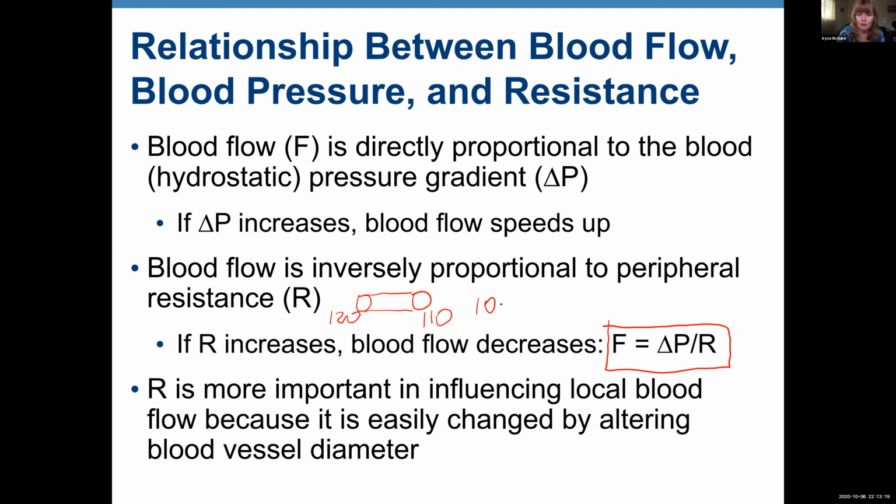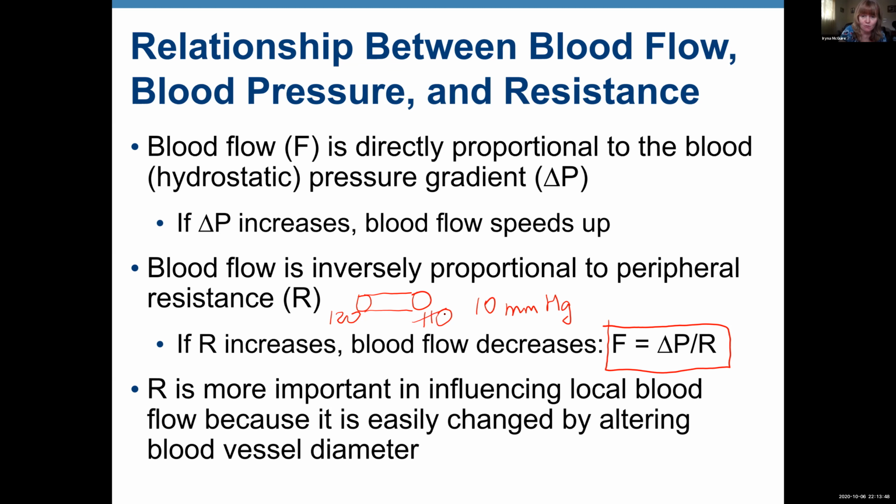Only 10 millimeters of mercury. So what do you think, is my blood flow going to be high velocity or low velocity? Is it going to flow fast or slow? This is not a very big pressure gradient, so I expect the velocity of blood flow to be low.